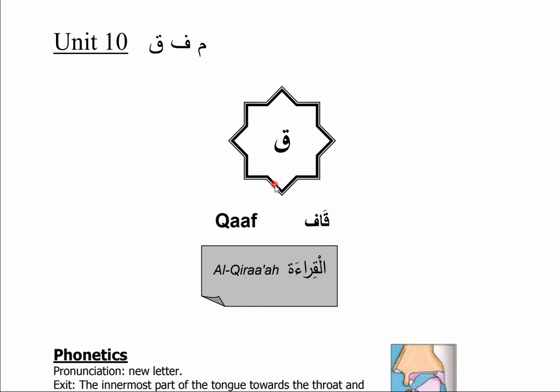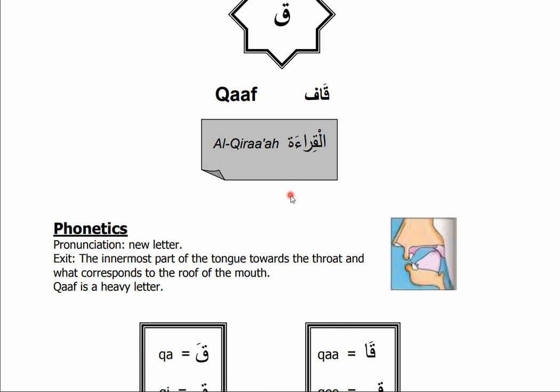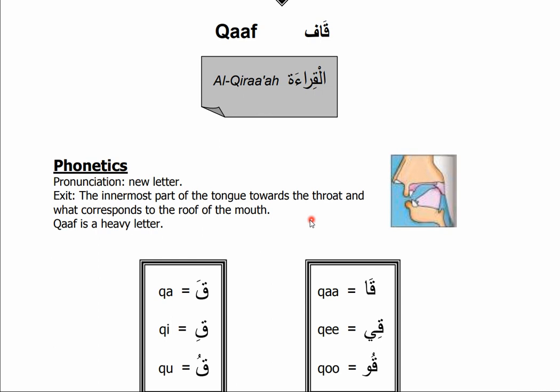So let's check with the pronunciation, makhraj, and the articulation. Now the first point that I would like to tell you, the articulation of kaf and qaf. Both the articulations are a little far apart. When I told you the articulation of kaf, the light letter kaf, the articulation was here.